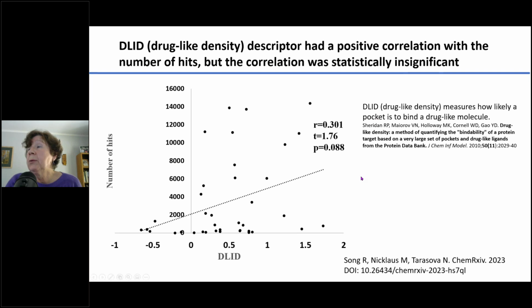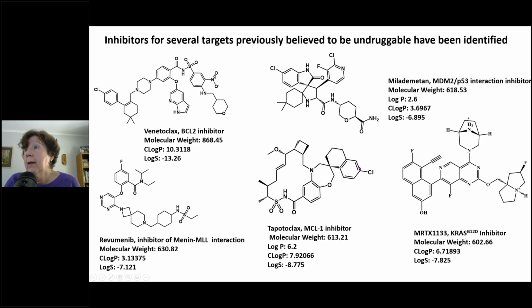And talking about modern drugs, I want you to look at these inhibitors of several targets that were previously believed to be undruggable, but now are in the clinics, most of them, although just phase 1. What obviously strikes is the complexity of those molecules, right? The size of those.